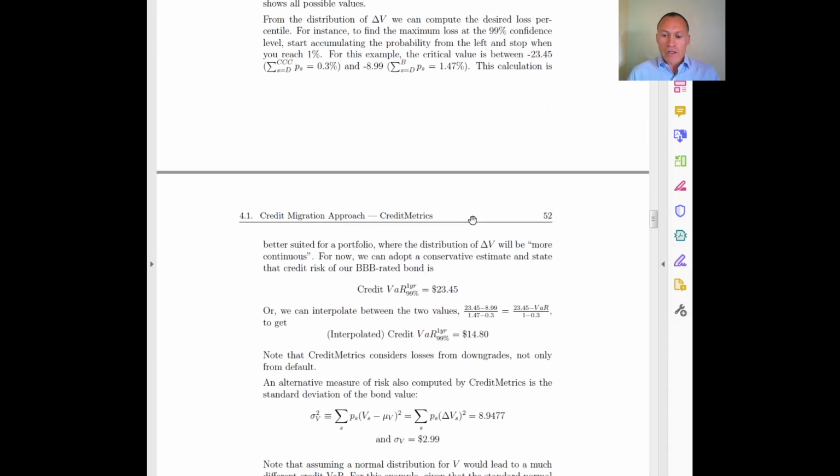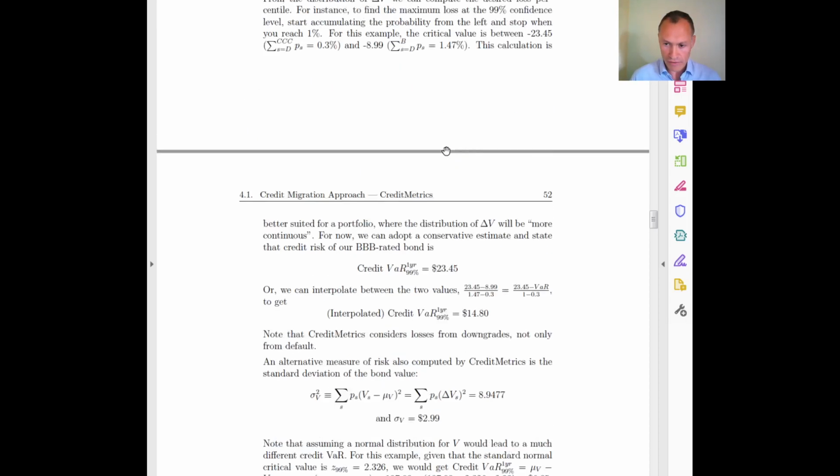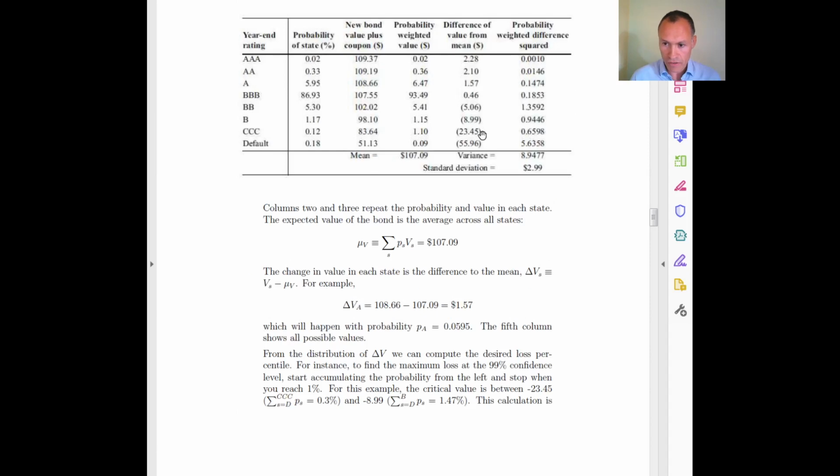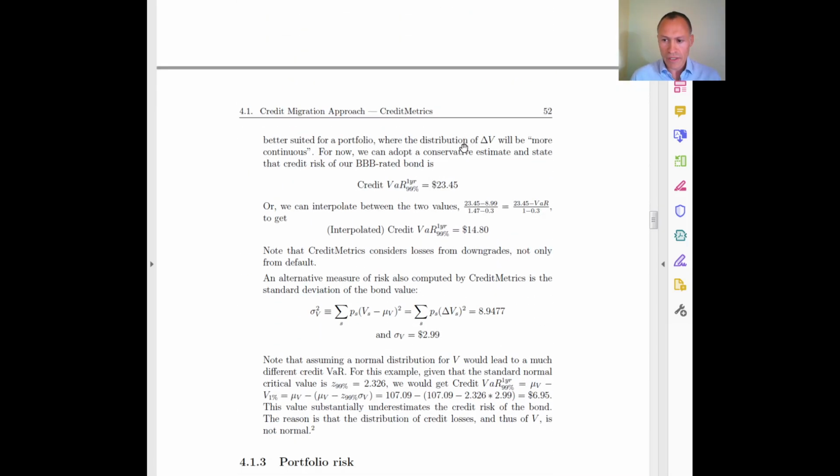Okay. So now I can either be simple, conservative, and just say that the credit value at risk is the worst of those two numbers, the biggest loss. So say that the credit value at risk is the 23.45 loss that you see here. So this would be, again, a conservative estimate.